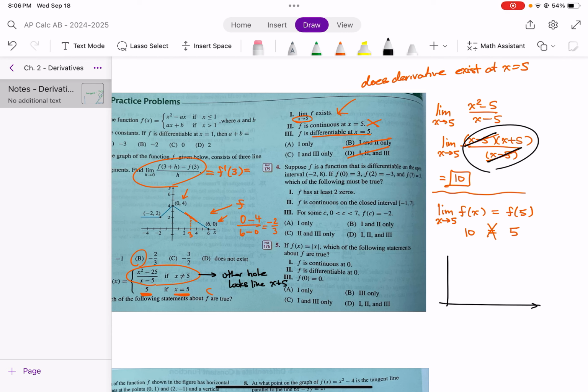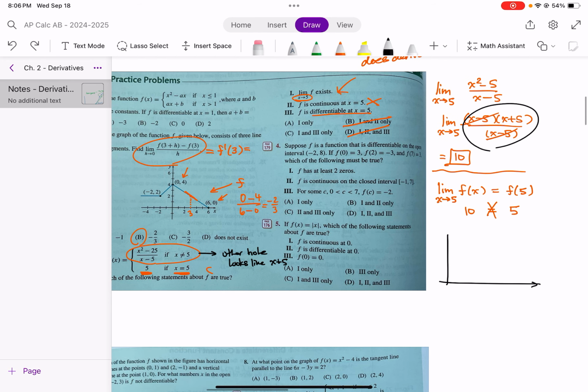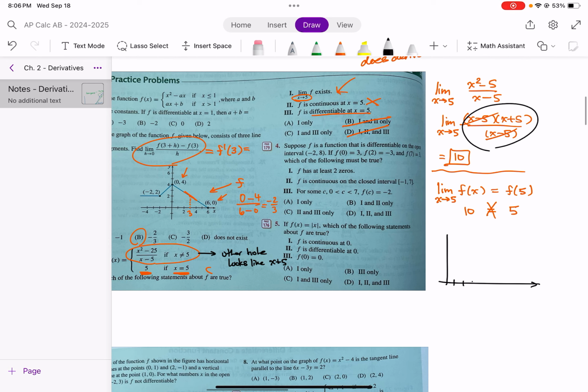So effectively, this is my function, basically, as long as I don't plug in 5. That's what that means. And x plus 5 is a really easy function to graph, right? So let me do some graphing here. I'm going to go by 2's maybe on this axis. 2, 4, 6, 8.